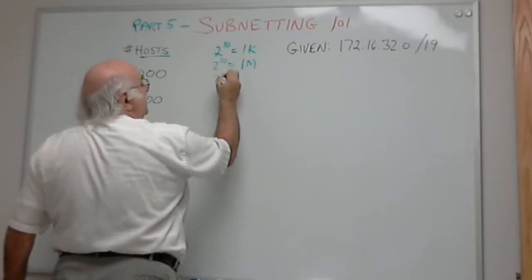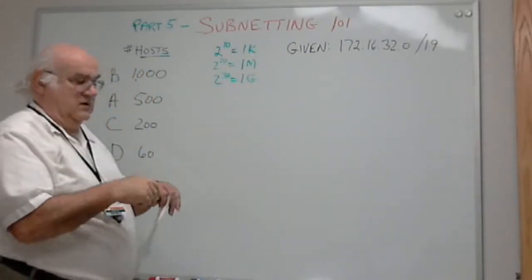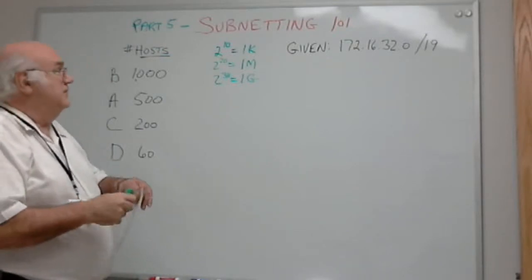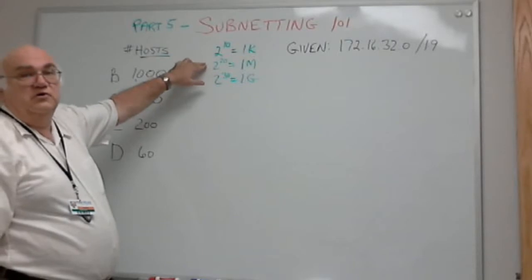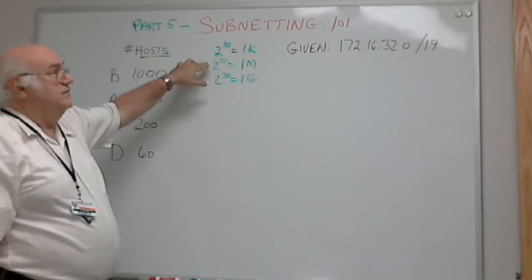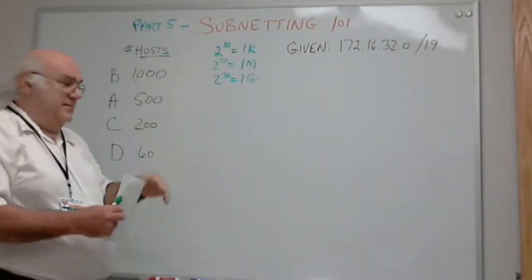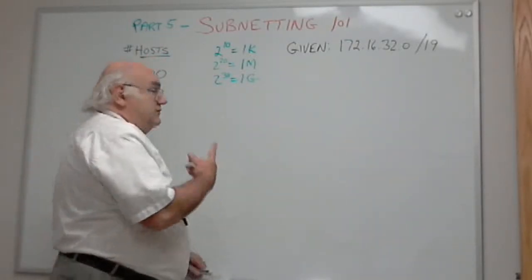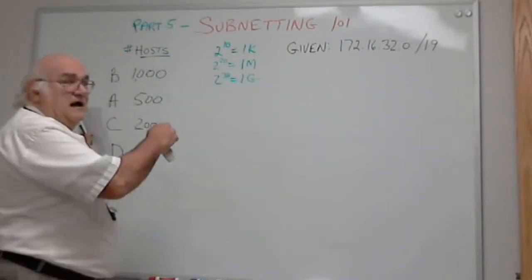And 2 to the 30th is a gigabyte. You get back down from there. So if I need 500,000, obviously I go down 1. 2 to the 19th is 500,000. 2 to the 20th is 1,000,000. You double every bit you go up. You halve every bit you go down. That's just a little interesting fact to help you fill in some of the higher voids.